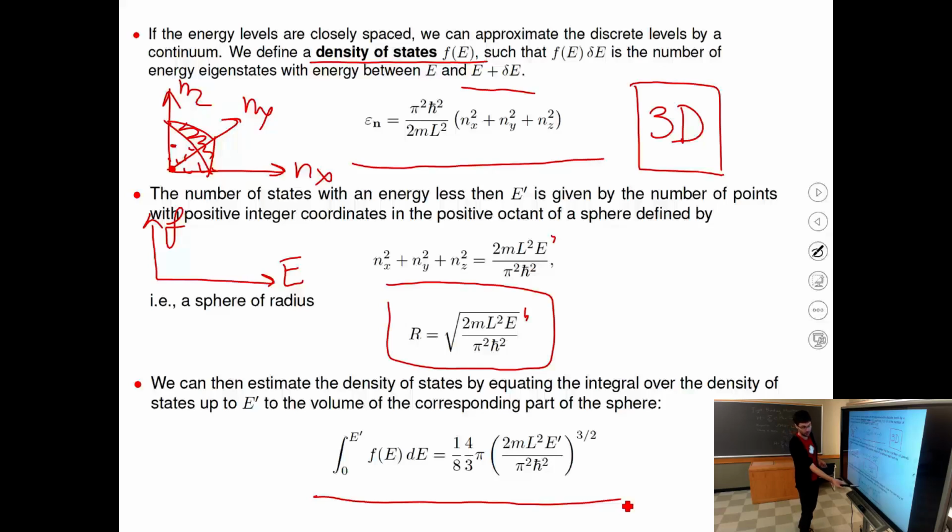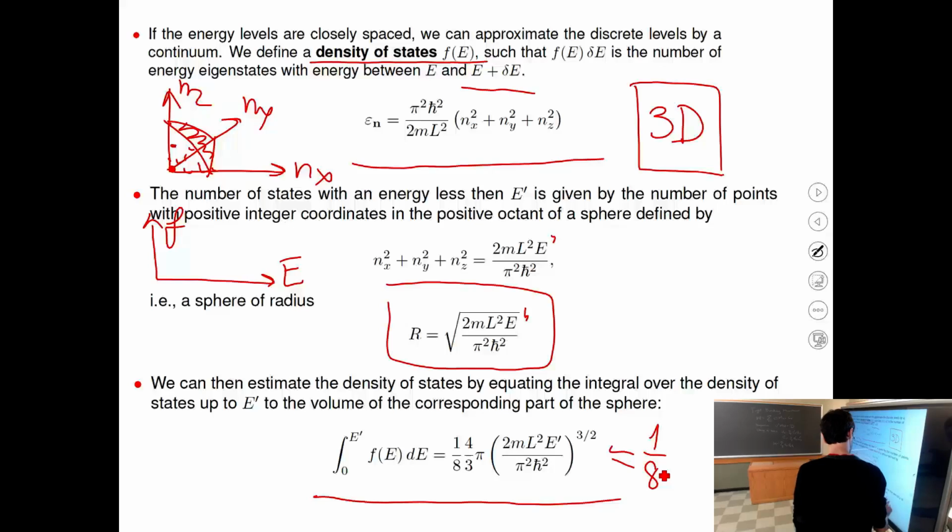And so this total number of states is given by the volume of the sphere. This formula is just 1/8, because we have 1/8 of a sphere. This is 1/8 times 4/3 pi r cubed. That's all.